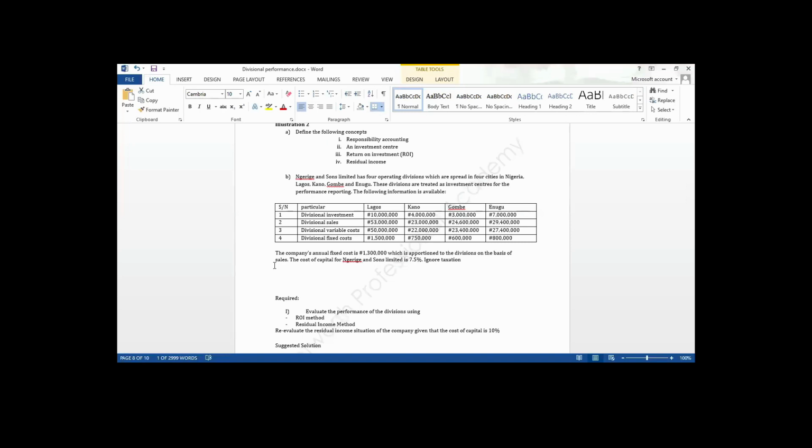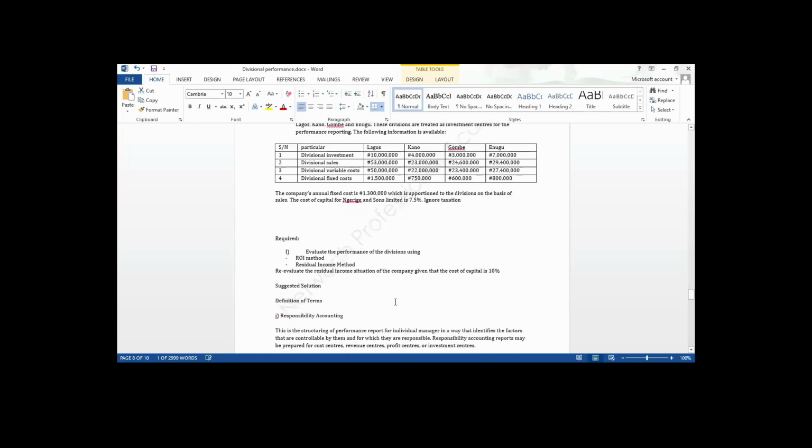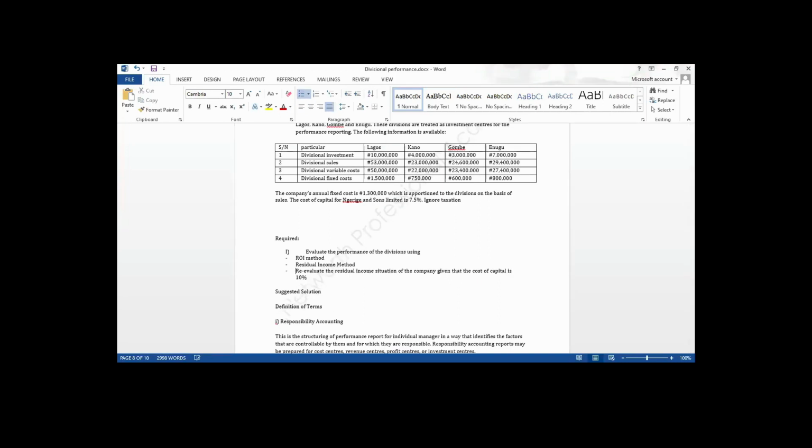This company's fixed cost is to be apportioned on the basis of sales. The cost of capital for Ingige and Sons is 7.5. Ignore tax. Evaluate the performance of the divisions using return on capital, return on investment.